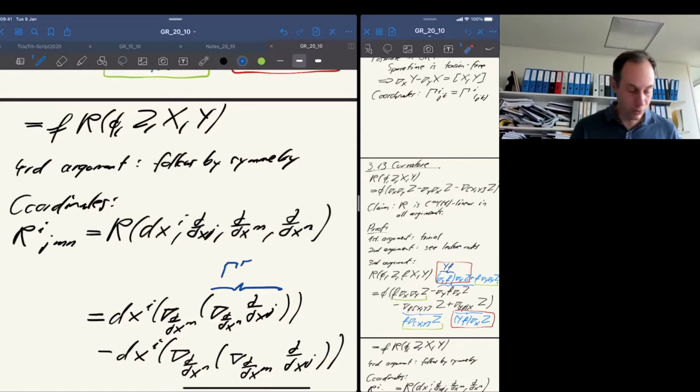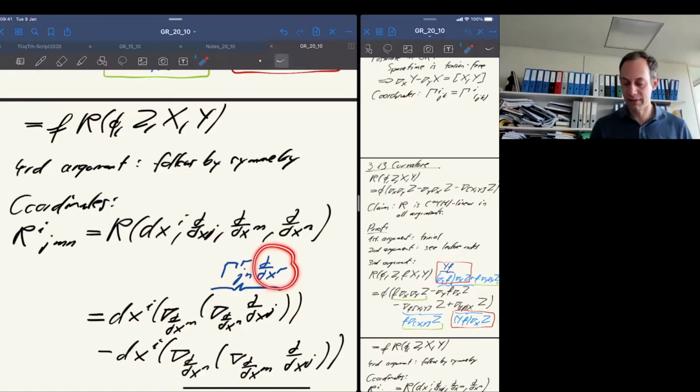And then, according to the definition, this is gamma j n, and then I multiply it with the vector d to the dx r. So that's essentially equivalent to what I did before. This is just saying that the rth component of this vector here is given by this gamma symbol. And of course, then the whole vector is given by the sum of these components times the basis vectors.